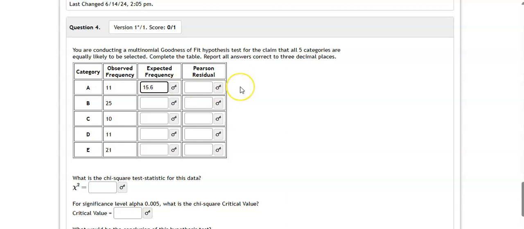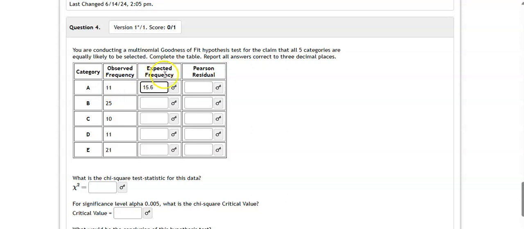All right, now our Pearson residual is just a piece of the chi-squared calculation. So it's the piece where we go (11 minus 15.6) squared over 15.6.